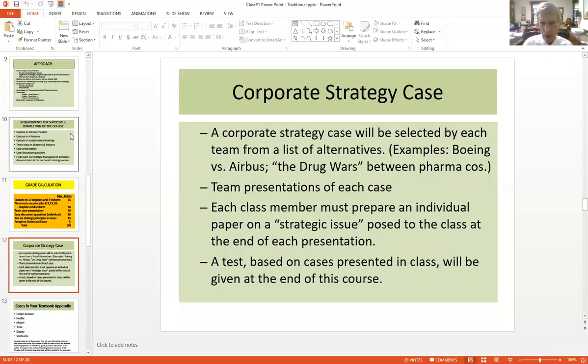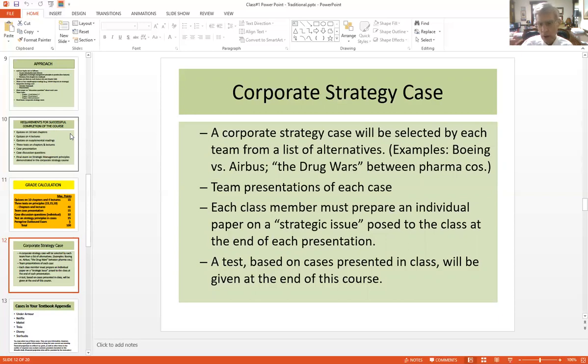Okay, so we've talked about the case. This slide just provides a little bit more of a summary of what I've already told you. In a moment, I'm going to show you a couple slides that will identify the alternative cases that you can choose from with your teammates. And very often, these cases involve competition.